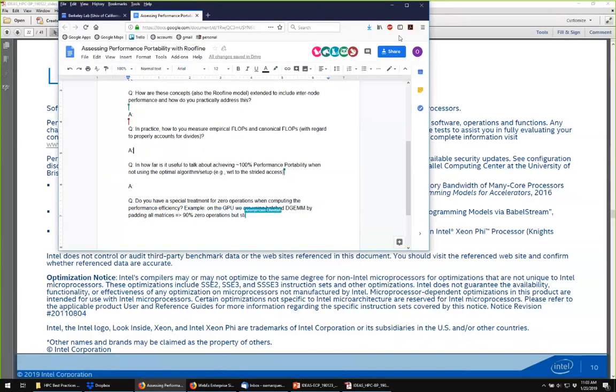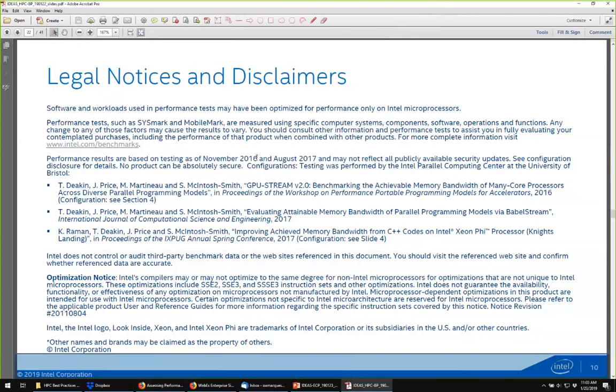I guess the metric gives you a sense of performance consistency across different platforms, but it doesn't say the absolute gigaflops per second for that particular application. Maybe John wants to chime in.